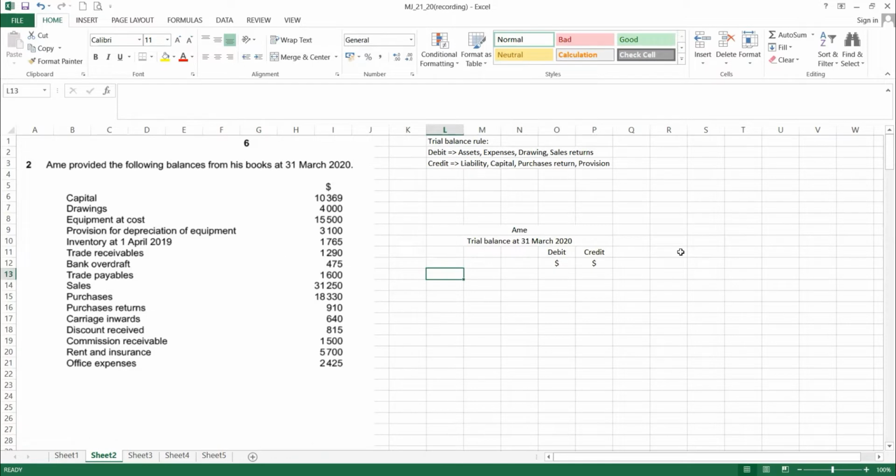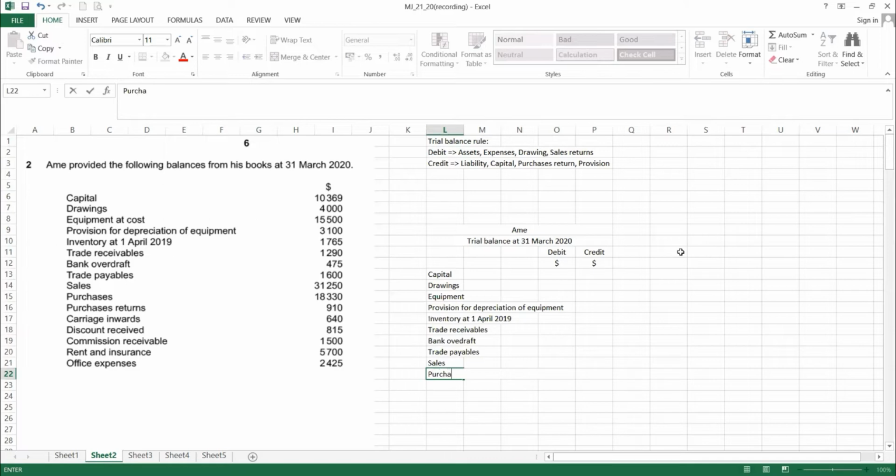So we list down first: capital, drawing, equipment, and then provision for depreciation of equipment, and then inventory at 1st April 2019, and then trade receivable, bank overdraft, trade payable, sales, purchases, and then purchases return. Later I will list out all the sections they belong to so that it is easier for you.